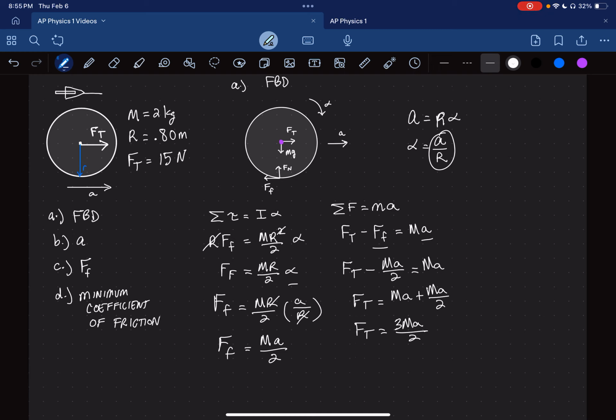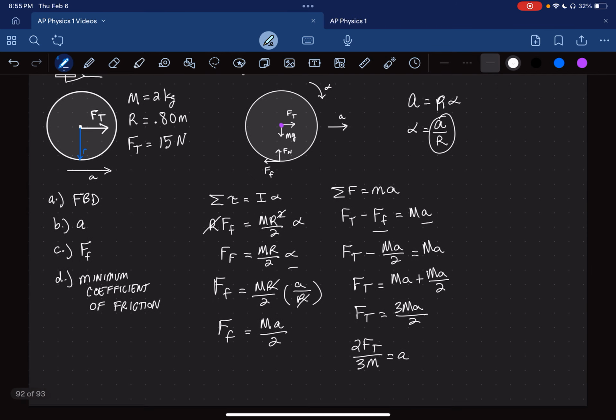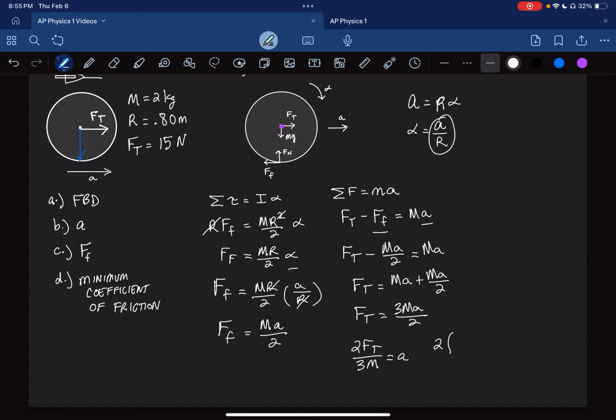And let's rearrange this for A. This is 2F_t over 3M equals A. We can substitute some numbers now. This is 2 times 15 over 3 times 2, which is 6. That's 30 over 6.